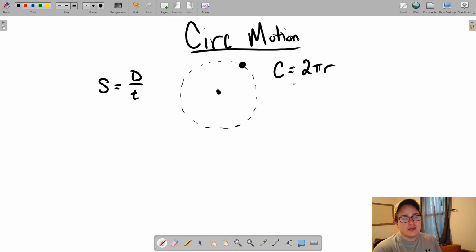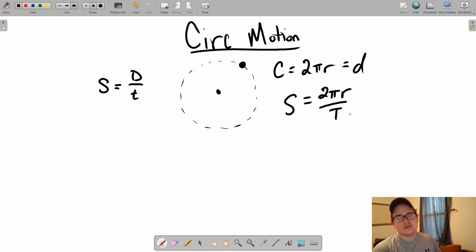So if we look at the speed of an object traveling in a circle, we can say that the distance it's gone is the circumference. So speed equals 2 pi r over the time it's taken to go. Now, speed is a scalar number, and it often doesn't denote direction.